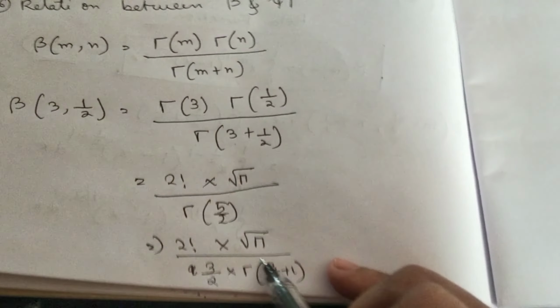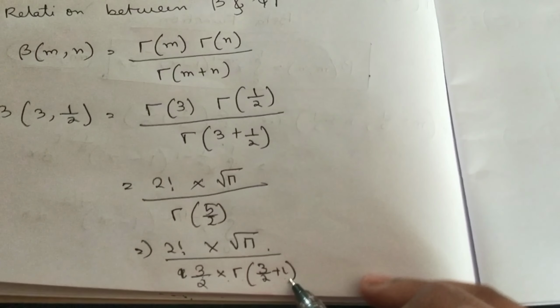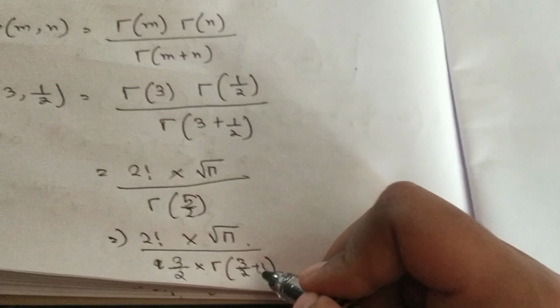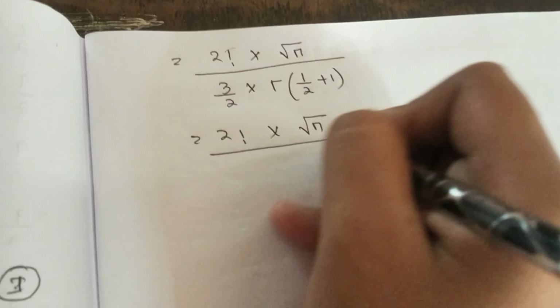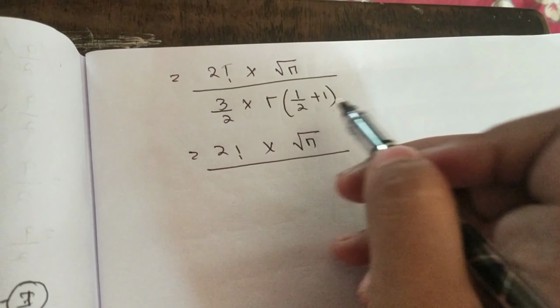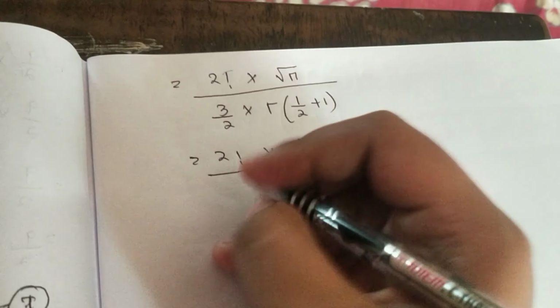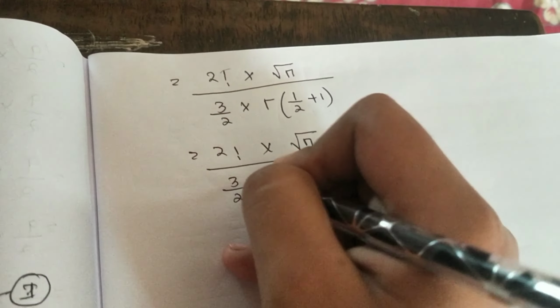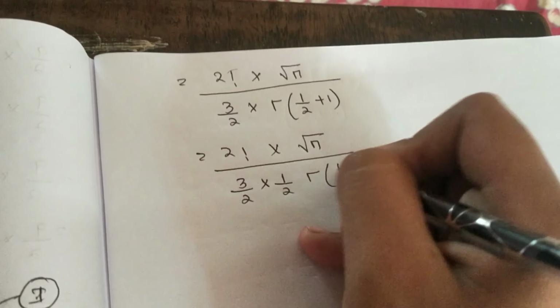2 factorial into root over pi by 3 by 2 into gamma 3 by 2, and gamma 3 by 2 we can write as gamma half plus 1, right?